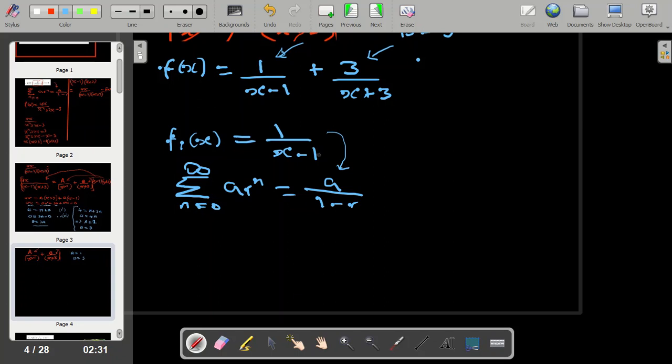We want to have a 1 here where there is x, and then we want to have x there where there is 1. Okay, so if we were to interchange this, our f1 of x will be equal to 1 over, we take the negative 1 this side, then plus x here.